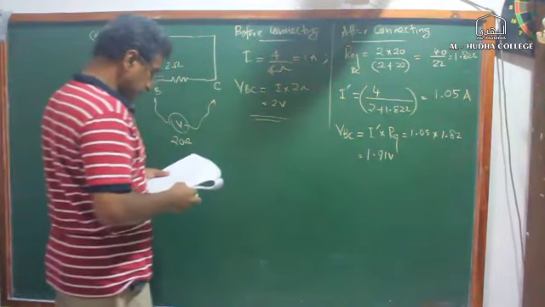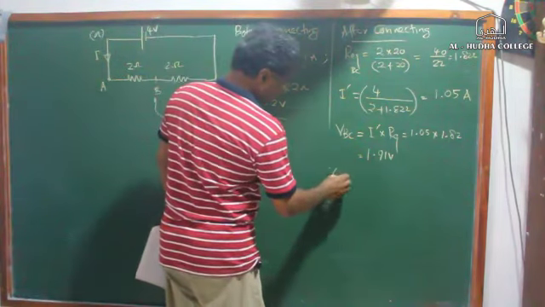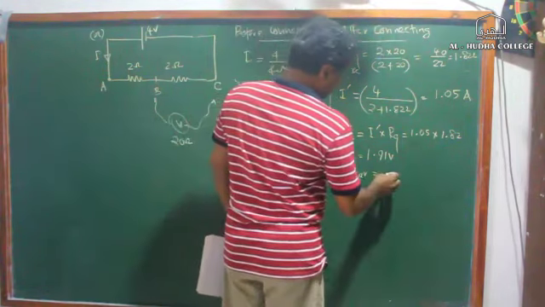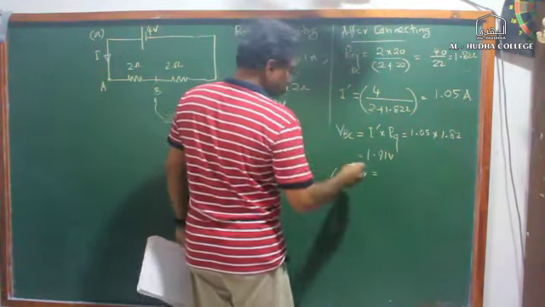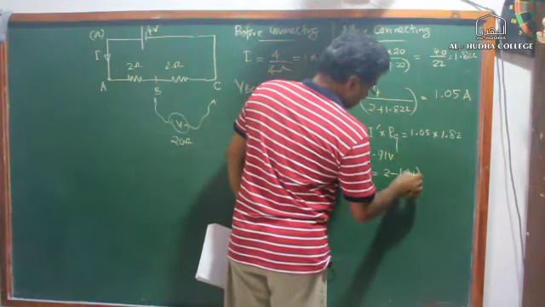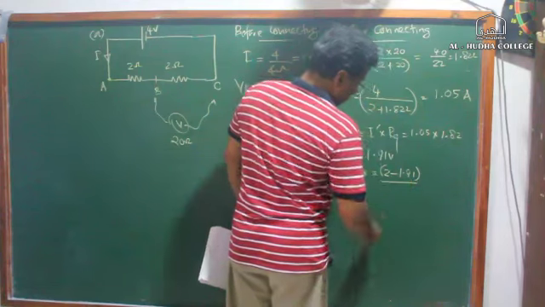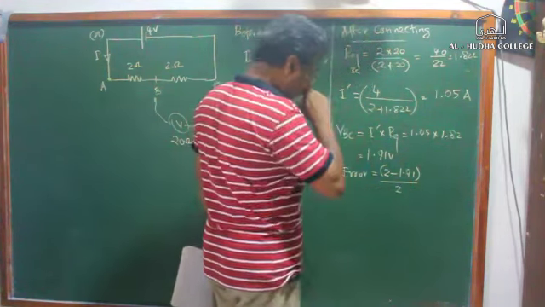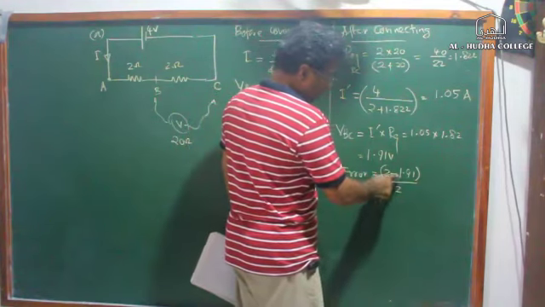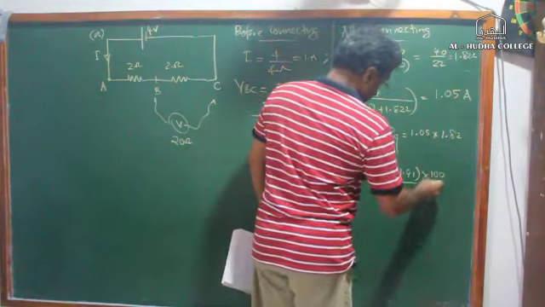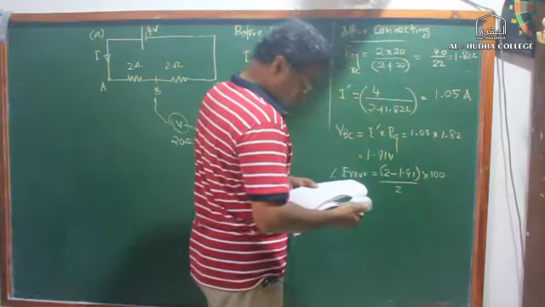So the percentage error: as before, we wanted to get 2 volts, but what we got is 1.91. The voltage to be measured is 2 volts. So the error is 2 minus 1.91, divided by 2, times 100. So this comes to 4.5%.